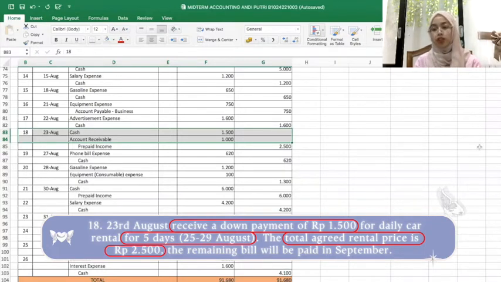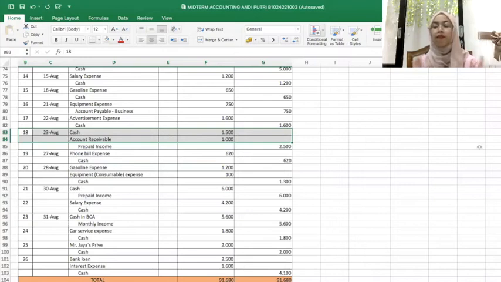So they only got paid for 1,500. The remaining is what you call an account receivable, and account receivable is on debit for 1,000 left. And then in credit, it will be prepaid income for 2,500 in total.